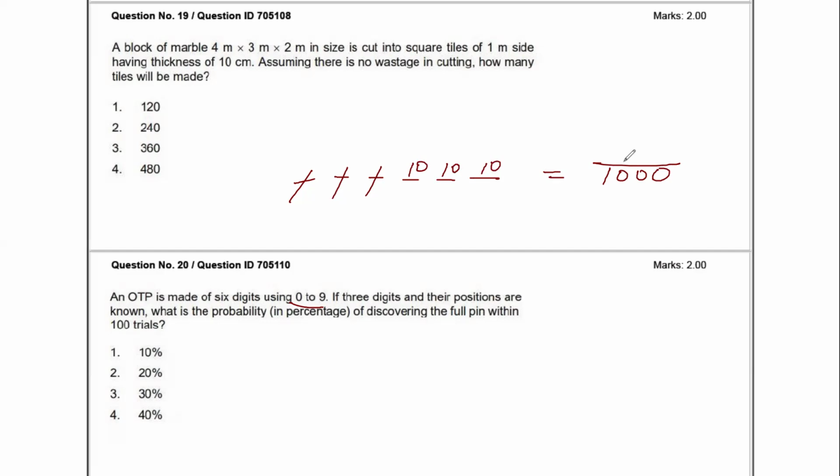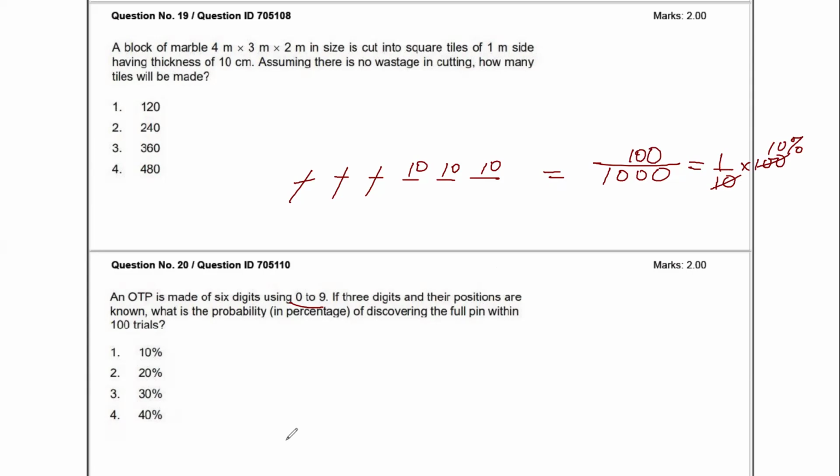So the question is, what is the probability of discovering the full pin within 100 trials? Now, you would probably say, okay, out of 1000, I've got 100 trials. So it is equal to 1 by 10, and they want the percentage, so your answer is 10%. But the clarity out here is required.